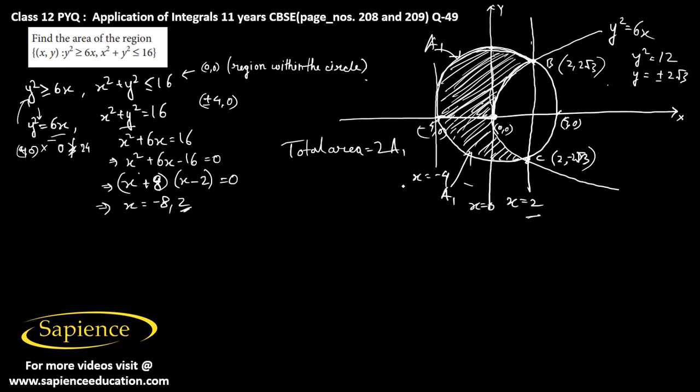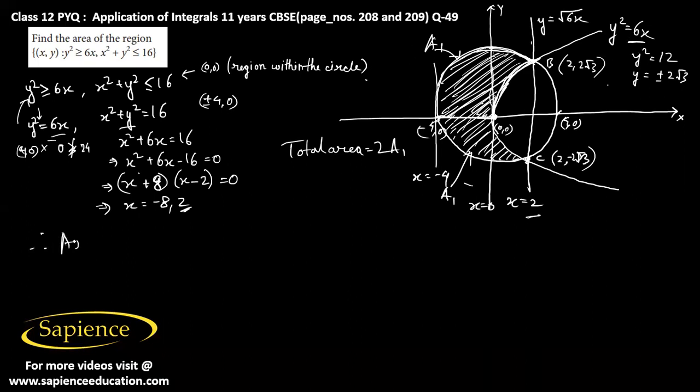And we also know that the equation of that branch which is above the x-axis will be y equals root over 6x if we solve it.